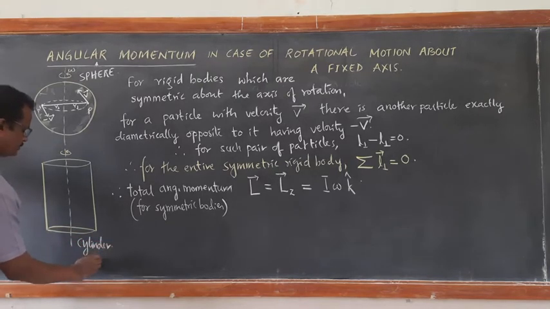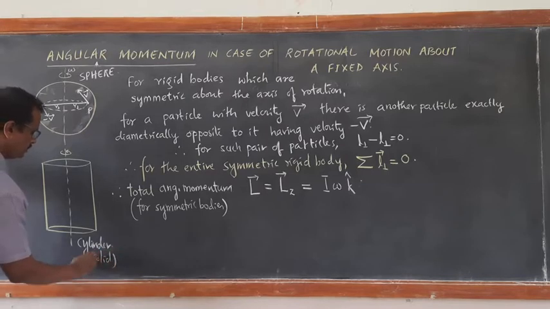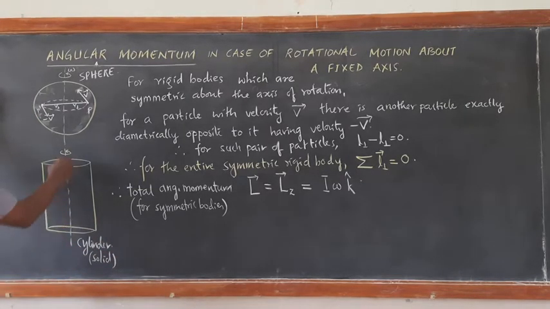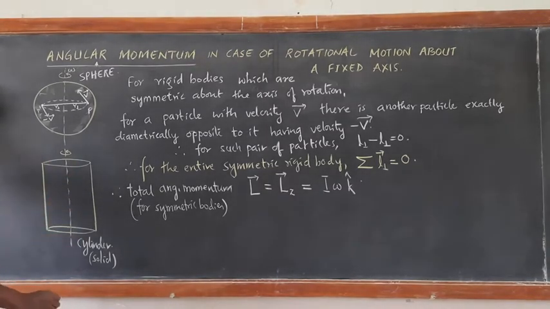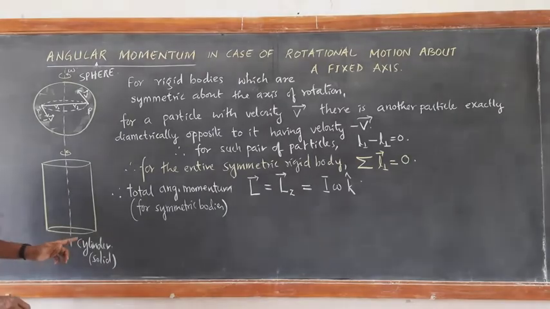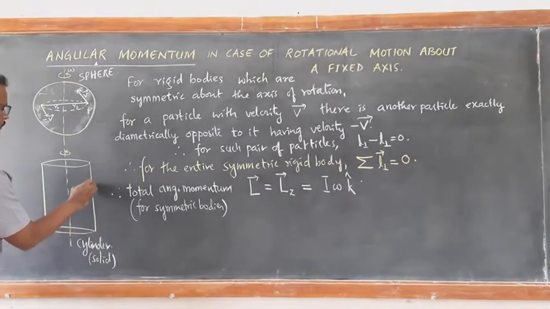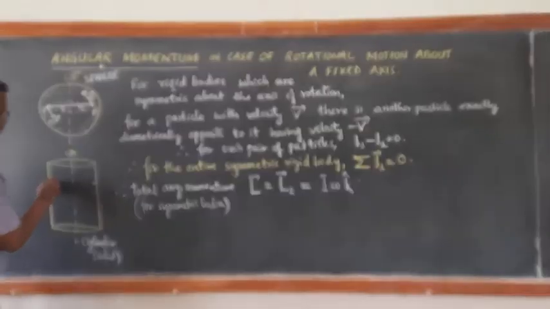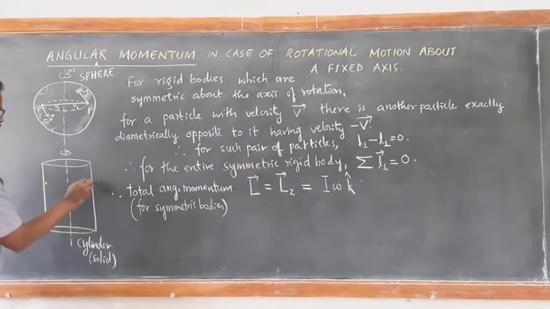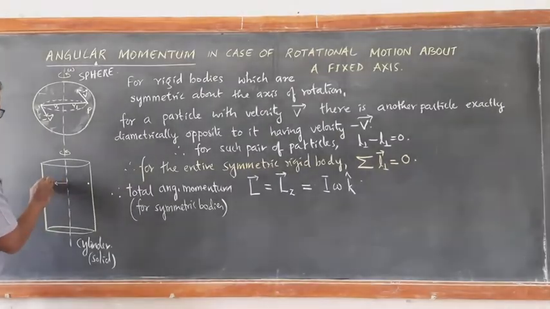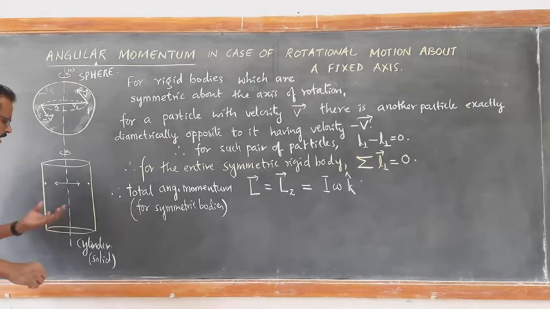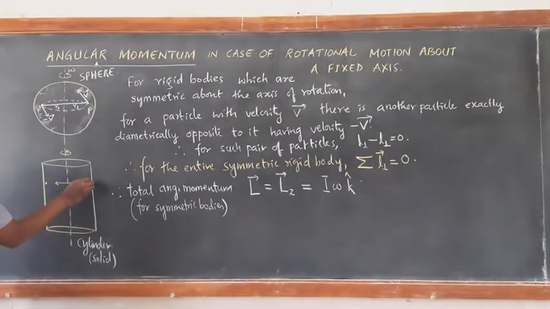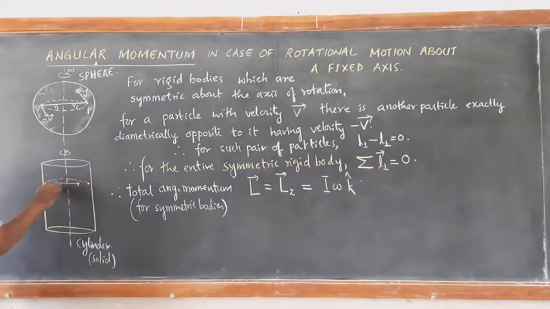You can take a solid cylinder, or even a hollow cylinder, for an axis passing through its cylindrical axis. For every particle here, there exists another particle whose L perpendicular cancels. So the entire L perpendicular, the sum over all the particles, cancels.